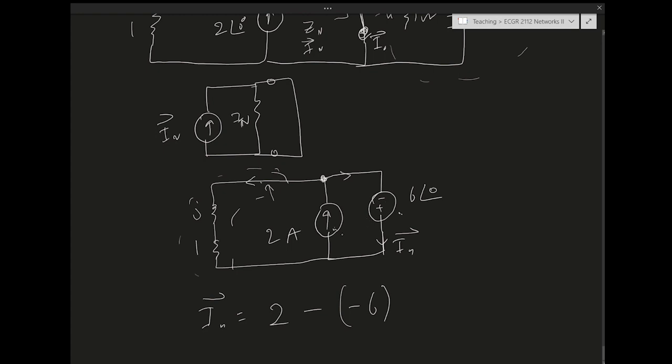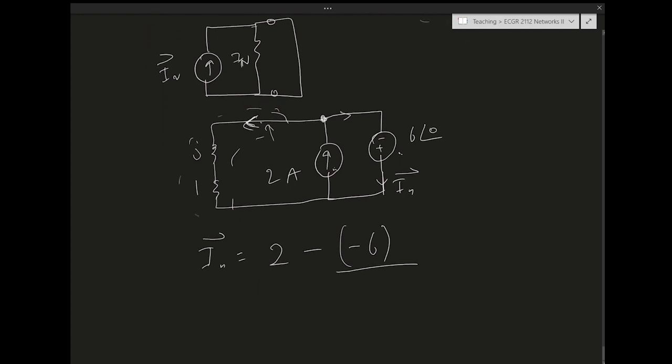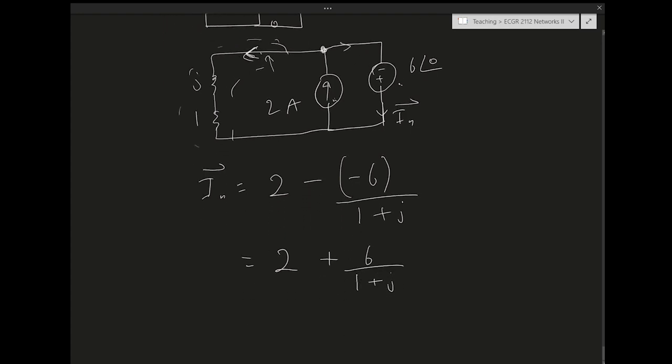Because I need to find the current in this direction, but the voltage is negative. So minus 6 over the impedance, the voltage over the impedance, which is 1 plus J. So this becomes 2 plus 6 over 1 plus J, right? And I just need to calculate this.